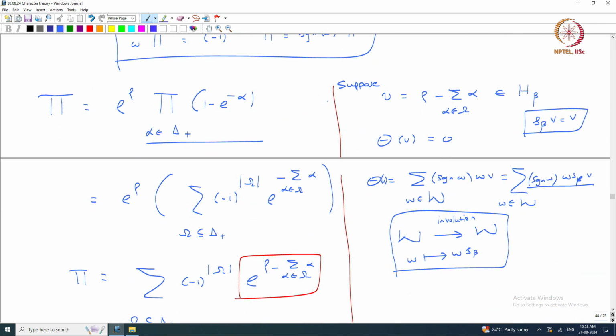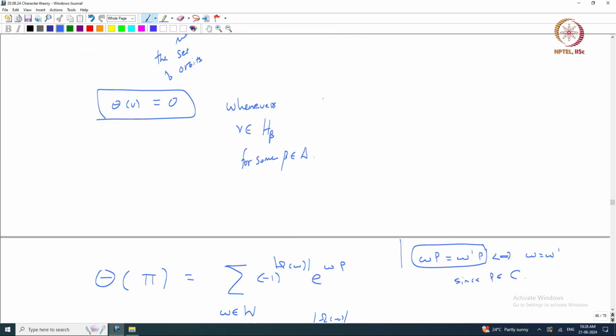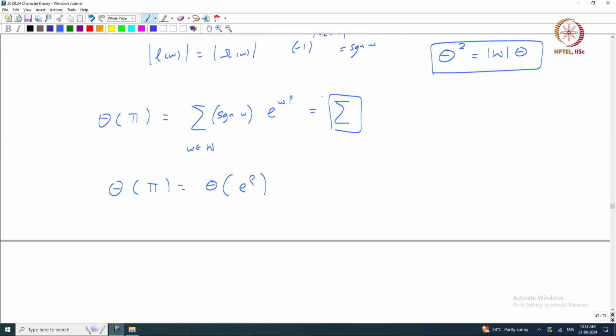So, if you put them together, then when you apply this sigma, let us do this. If you take theta of e power rho times the cardinality of W, which is the same as theta square of e power rho. But theta of this e power rho is nothing but the sigma.